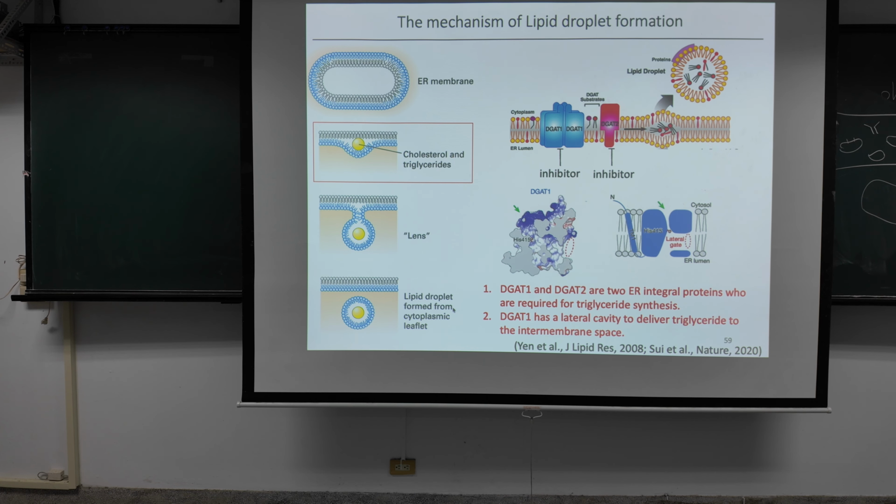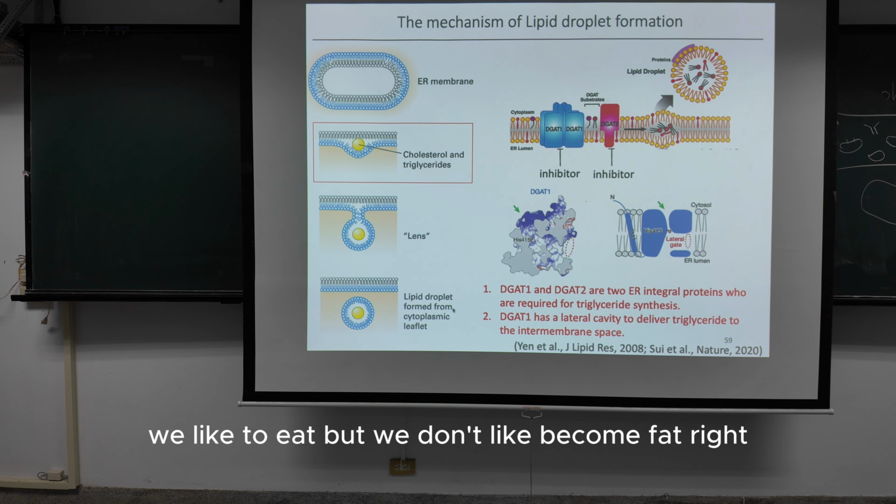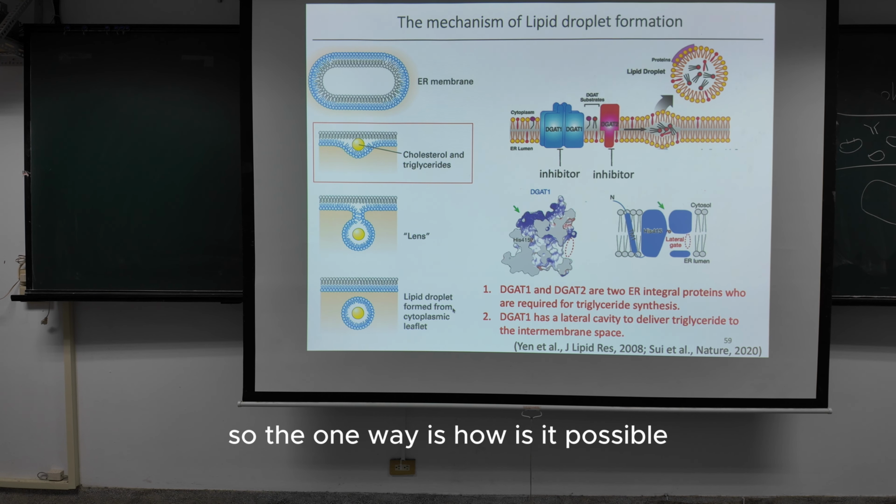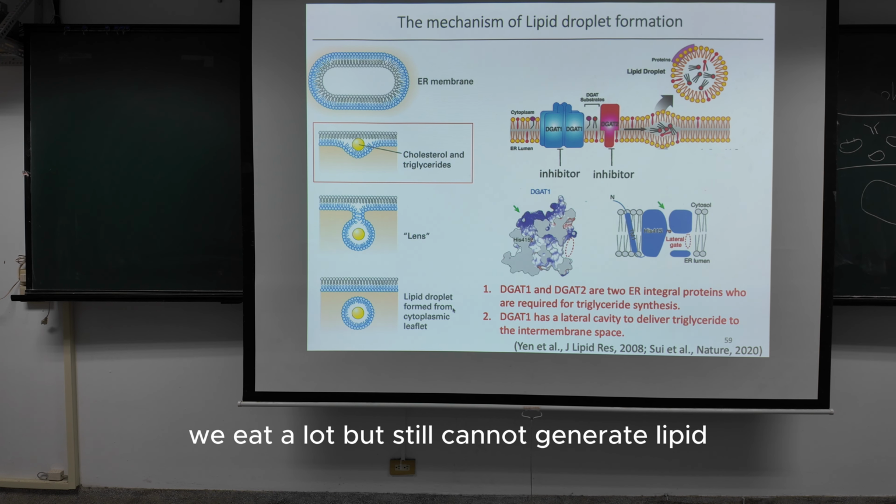Okay, that will be the question we try to address. So researchers previously tried to identify, because we like to eat but we don't like to become fat, right? So one way is, is it possible we eat a lot but still cannot generate lipid? Our cells cannot synthesize lipid efficiently, okay?